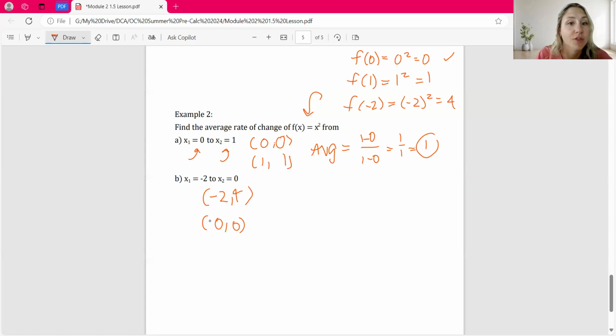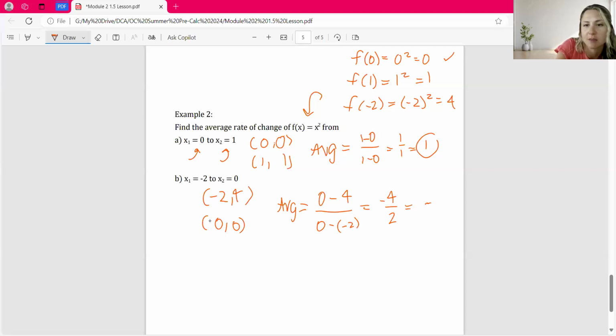So now let's find the slope of these two points. I'm going to find the average rate of change: 0 minus 4 over 0 minus -2. 0 minus 4 gives me -4, over 0 minus -2 gives me 2. Simplify that, and I get an average rate of change of -2 from the x values of -2 to 0.